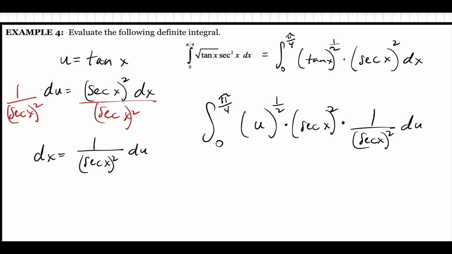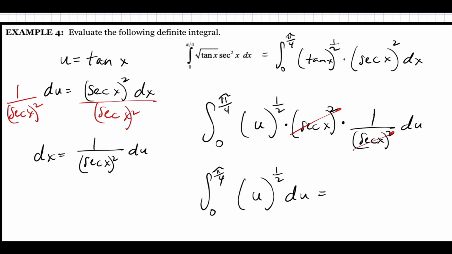The secant of x squareds cancel out, just like I wanted. So all I have is u to the 1/2.